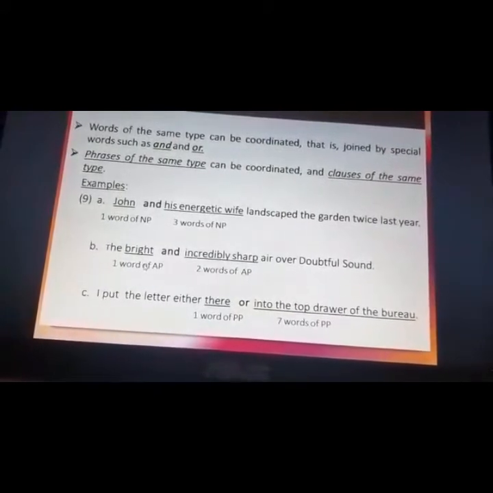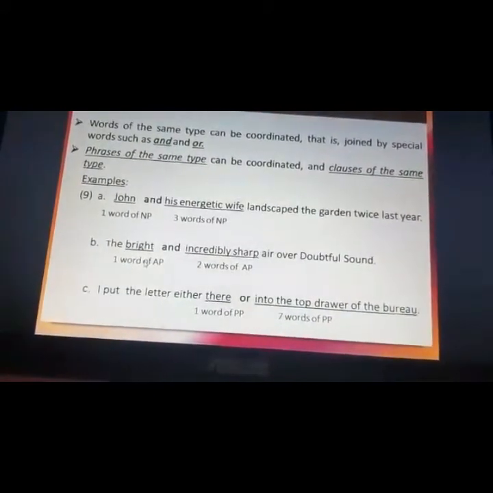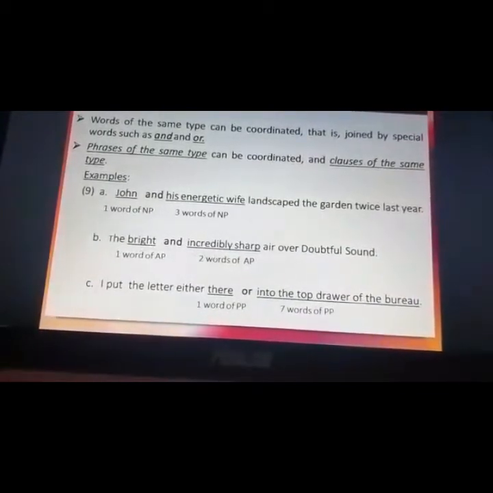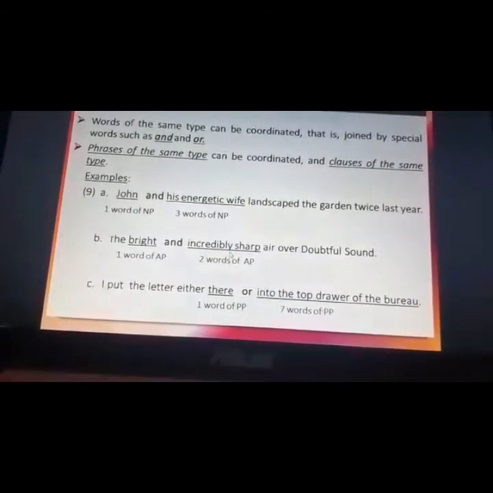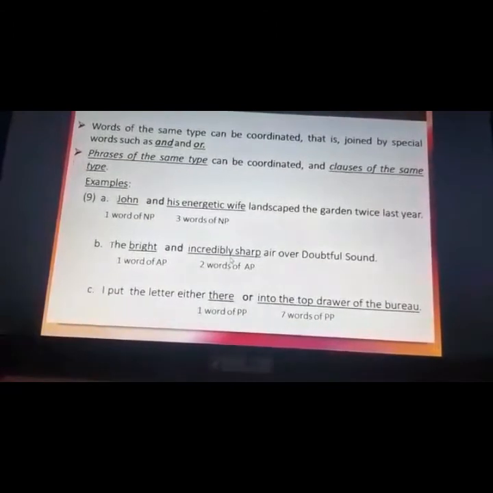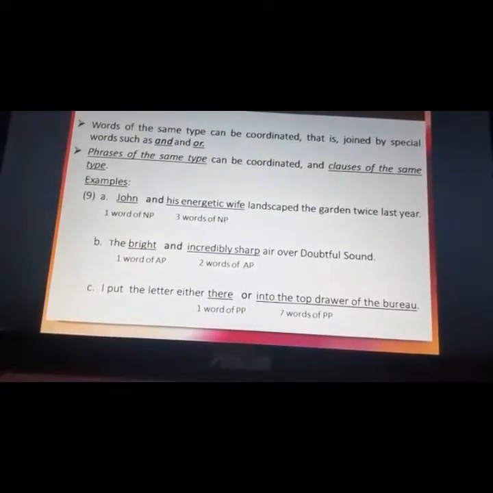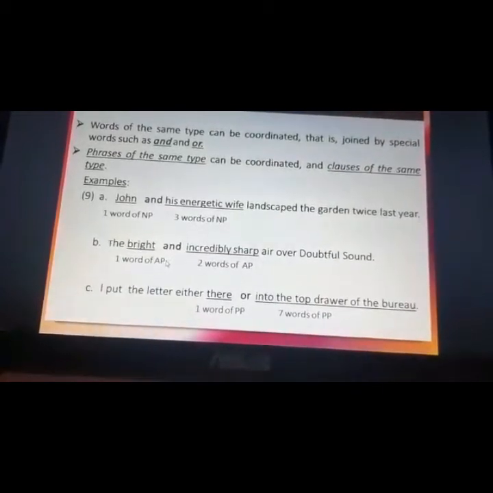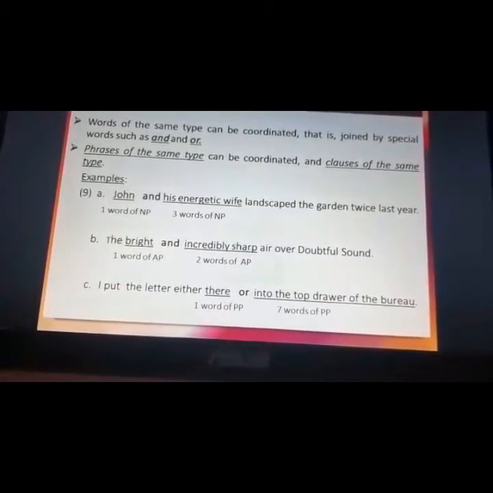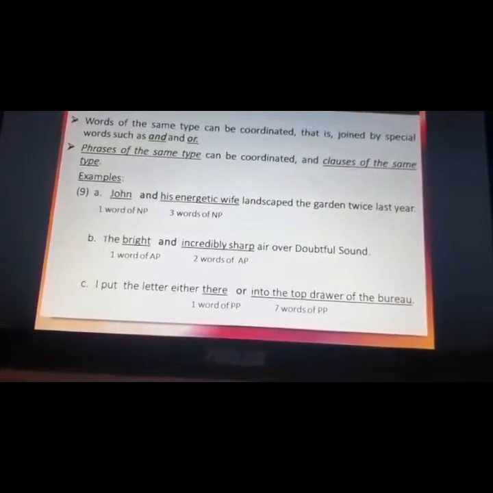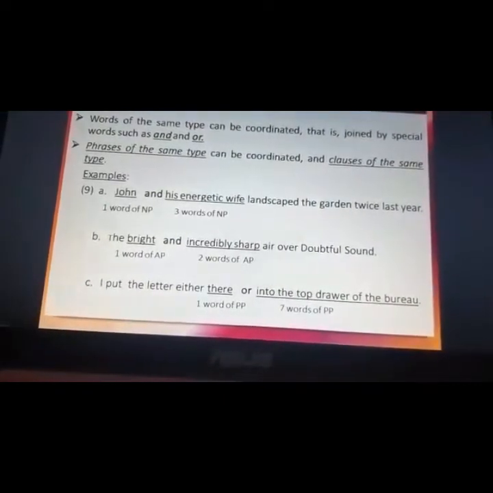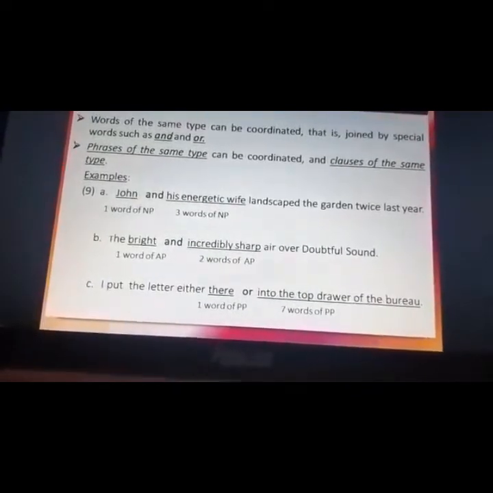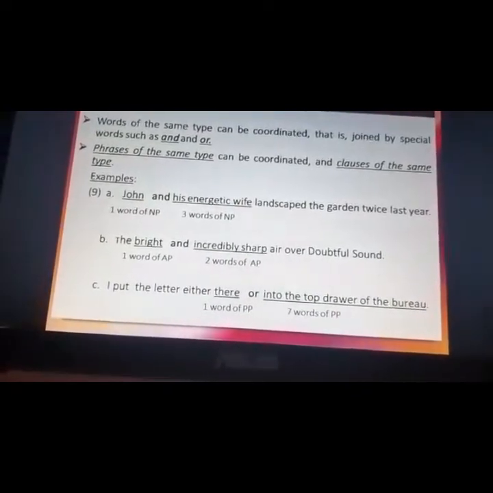So which are having to have the same type is about bright and incredibly sharp. Actually, they have the same type of adjective phrase, and you may coordinate the same type with the conjunction or coordinating conjunction and here.